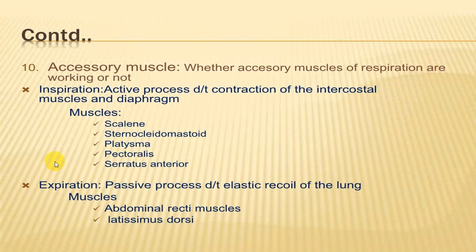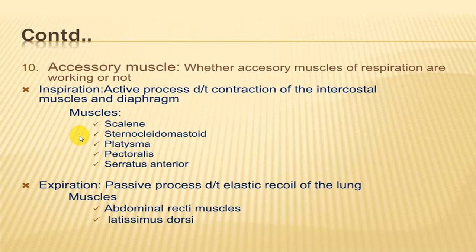So do remember. We already mentioned the accessory muscles of respiration are mainly sternocleidomastoid, platysma, pectoralis, serratus anterior and scalenus anterior. But sternomastoid is very, very prominent. So we pick up this. We rarely make out platysma as second muscle, and pectoralis, serratus anterior and scalenus we rarely look for.